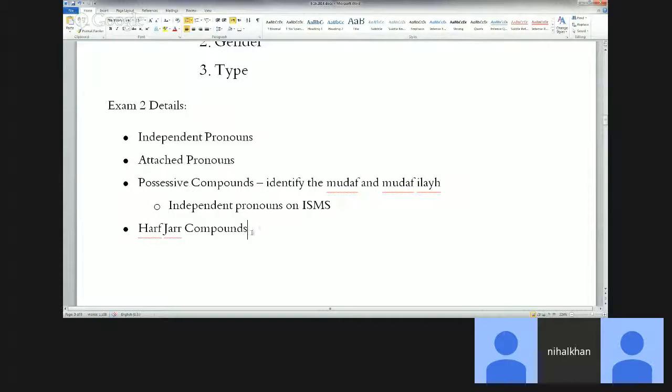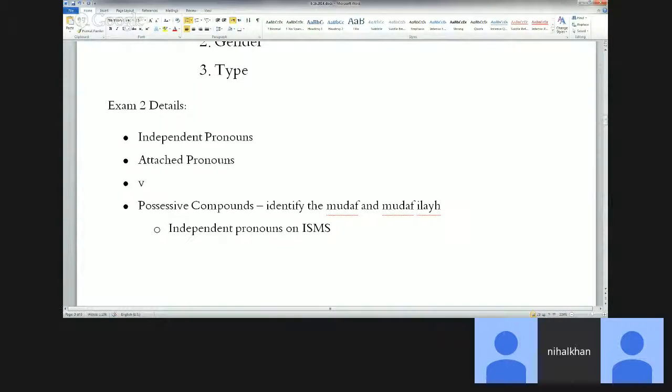Harf jar compounds, which we did beforehand, and adjectival compounds. And then for vocab, we need to do sheets number.